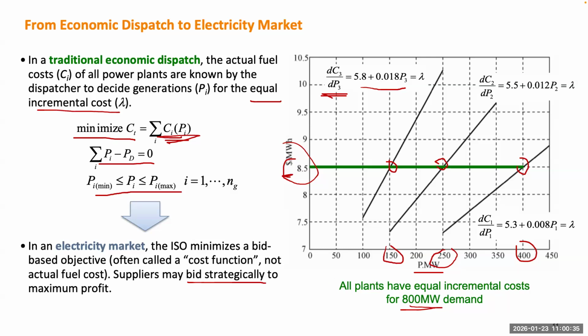One example could be, for this case, if I treat this generator 1 as one power company, and the other generator as a second power company. The second power company knows the first company has an output limit of only 450, okay?